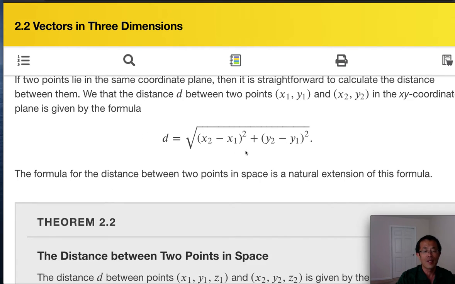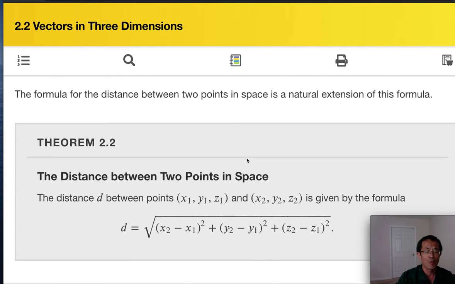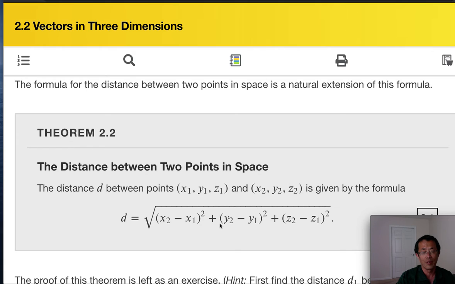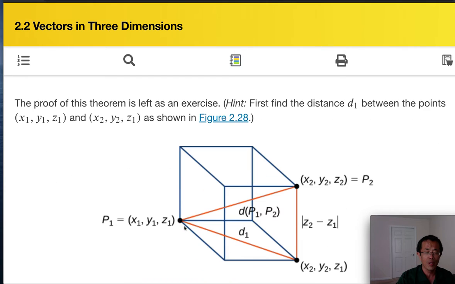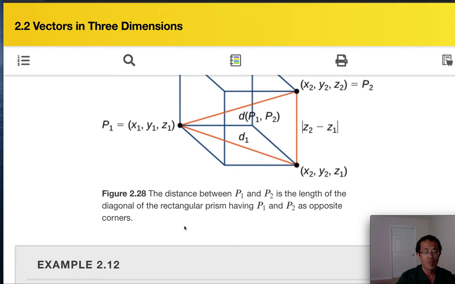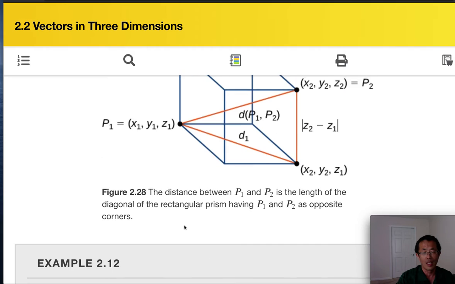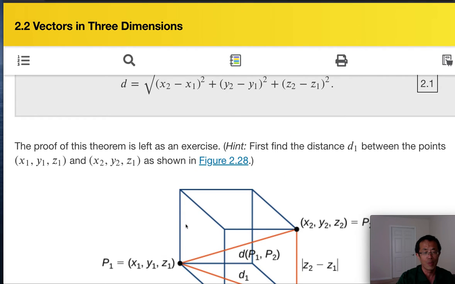The distance formula in two-dimensional space extends to three-dimensional space, and it still comes from the famous Pythagorean theorem. The distance between 2 points. Also, I believe we need to consider the midpoint formula. I guess the textbook didn't mention it here, but the midpoint formula is in my notes.